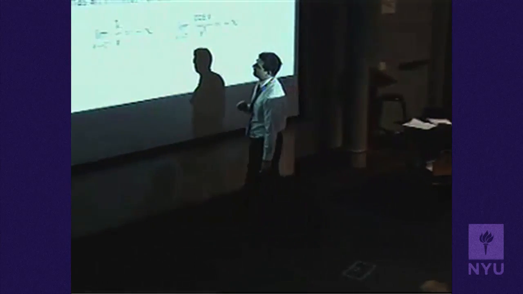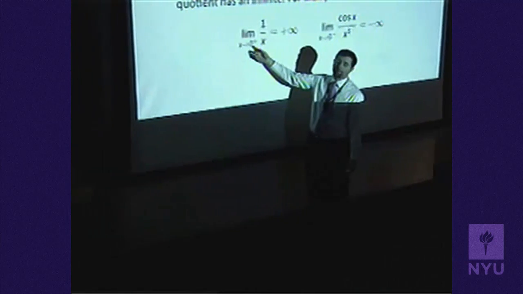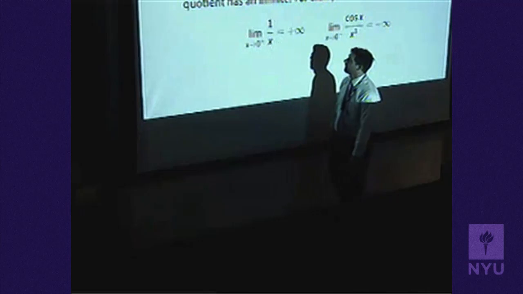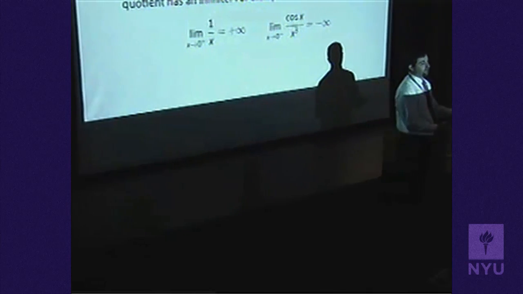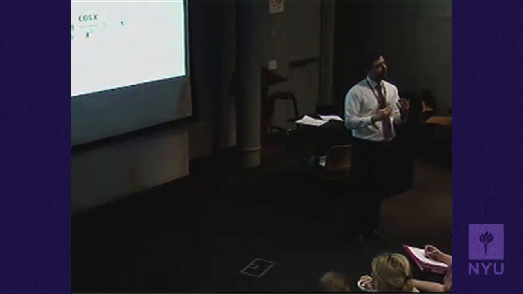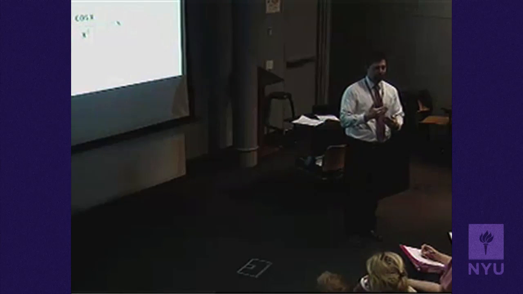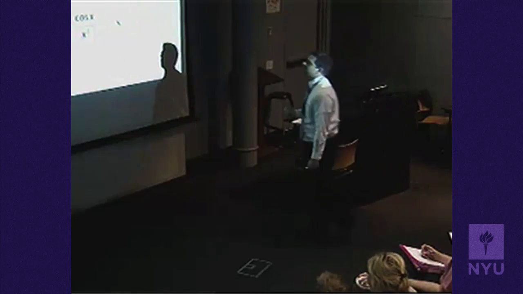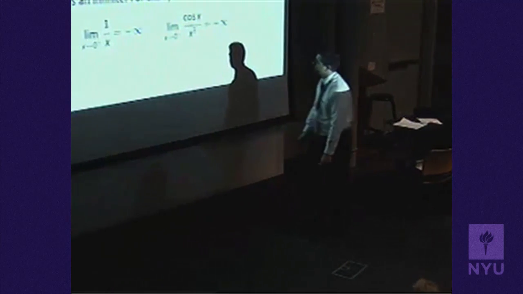As an example, the limit as x goes to 0 from the right-hand side of 1 over x, that's positive infinity. That's basically our motivating example for infinite limits. As x gets smaller and smaller but remains positive, 1 over x gets larger and larger and is positive. So the limit is infinity.